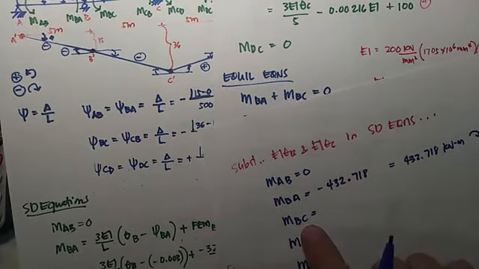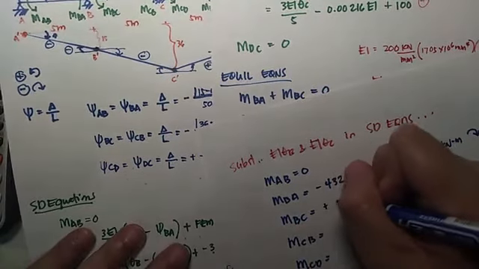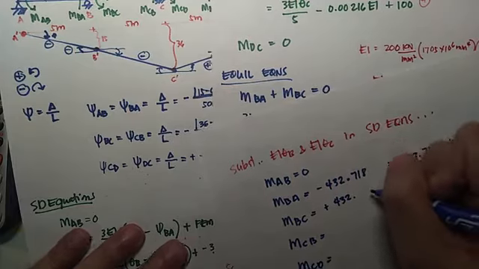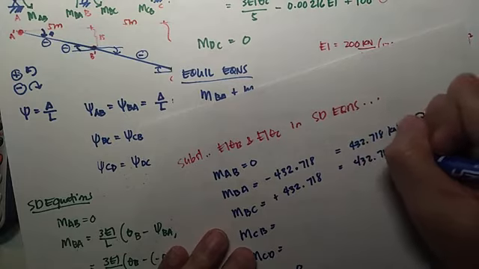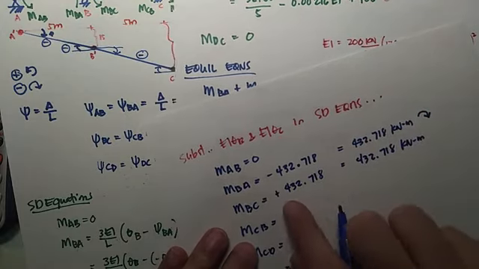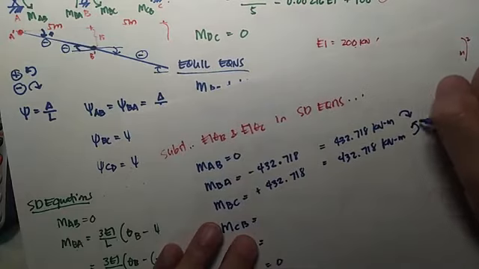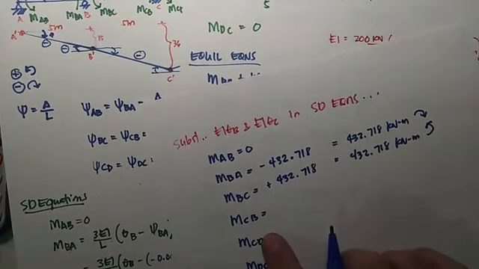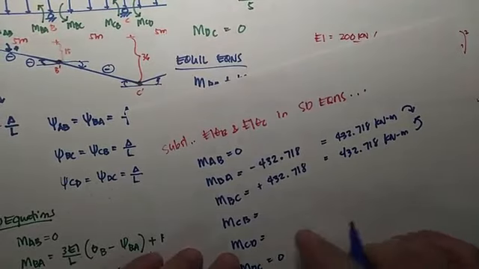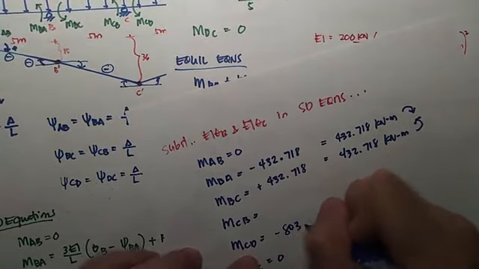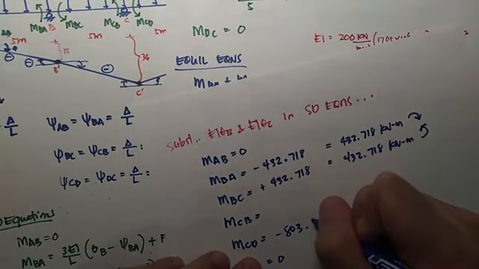Sa BC naman, it would be positive 432.718. So that means 432.718, that's kilonewton meter. Positive, that means tama yung assumption natin, and that is counterclockwise. CB naman, for CD it's negative 800.872.